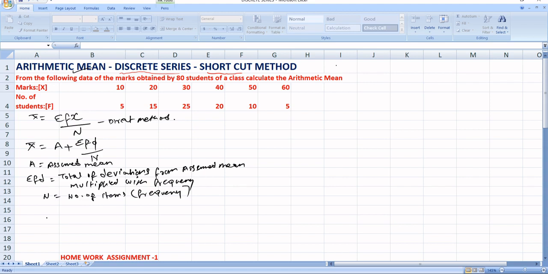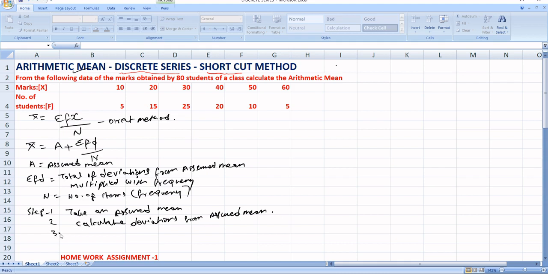And let me discuss the steps. What are the steps to find out mean under shortcut method of discrete series? Step 1 is take an assumed mean. And second step is calculate deviations from assumed mean.